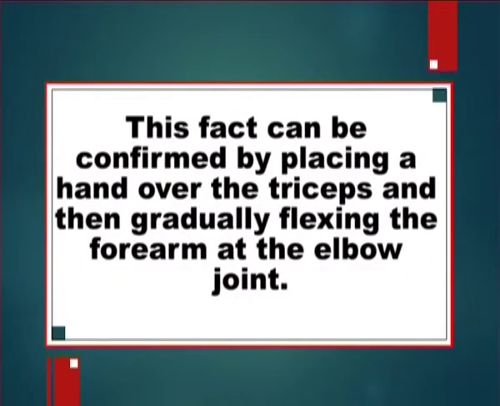This fact can be confirmed by placing a hand over the triceps and then gradually flexing the forearm at the elbow joint. Contraction of the triceps will be felt. The phenomenon is sometimes referred to as paradoxical contraction, being an example of an extensor contracting during flexion.